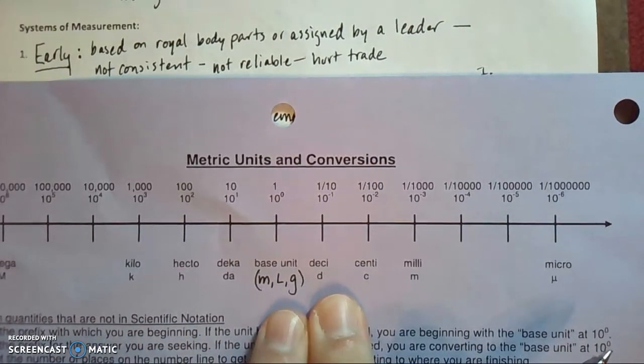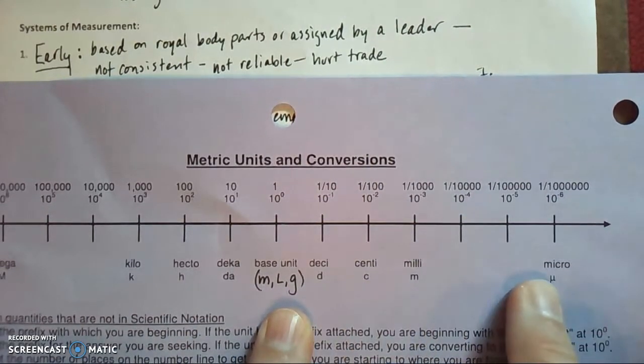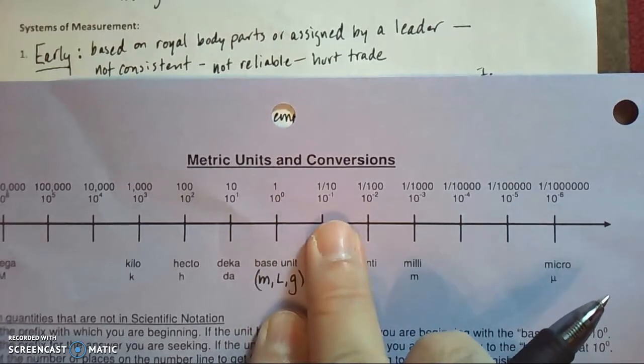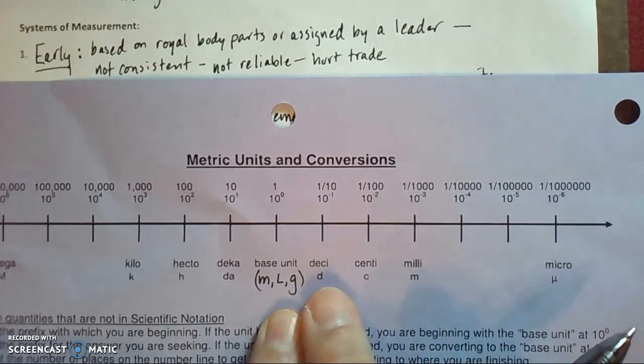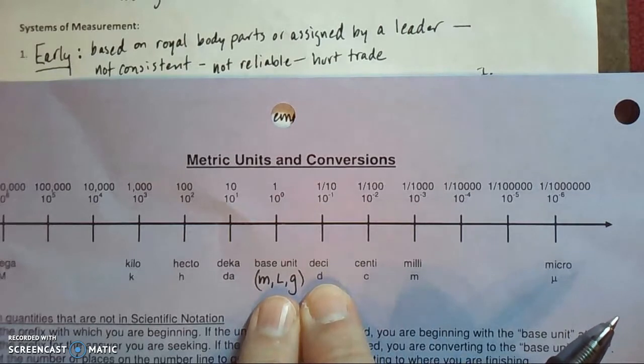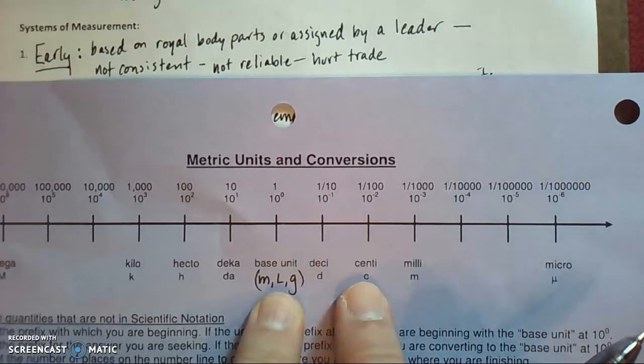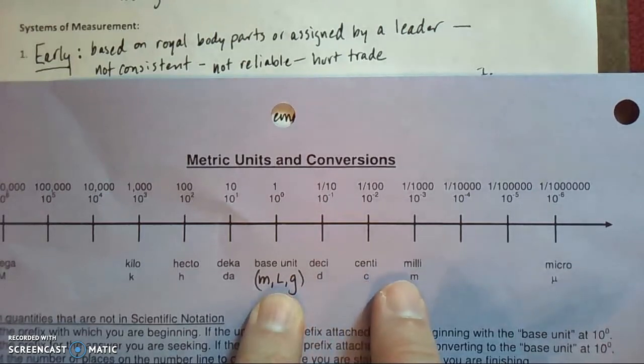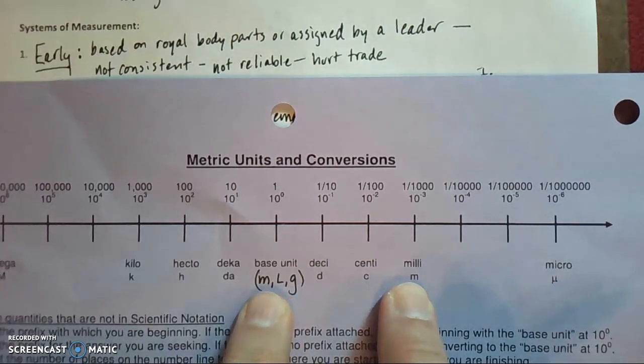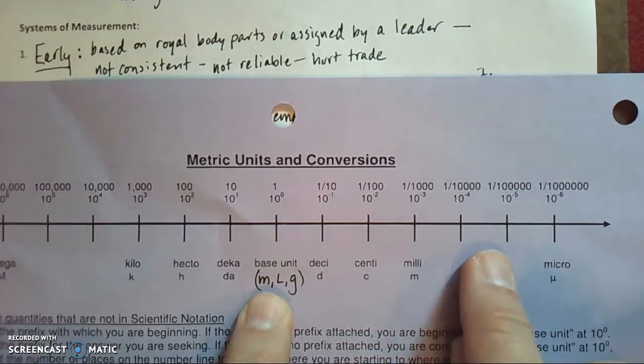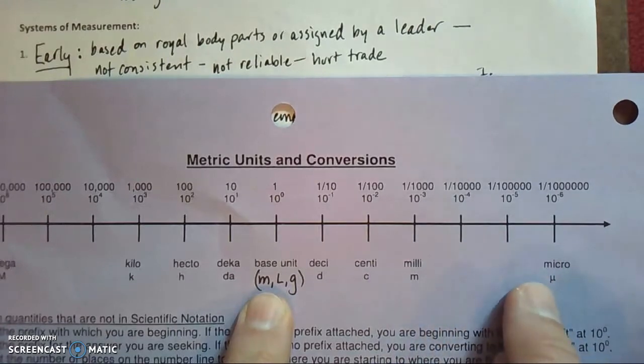If we get smaller than our base unit, we're in this direction. And it's 10 times smaller each time you move. So 1/10 is a decimeter, deciliter, or decigram. 1/100th is centi. 1/1000th is milli. So there are 1,000 millimeters in 1 meter. 4 and 5 we don't use. 6 is micro.